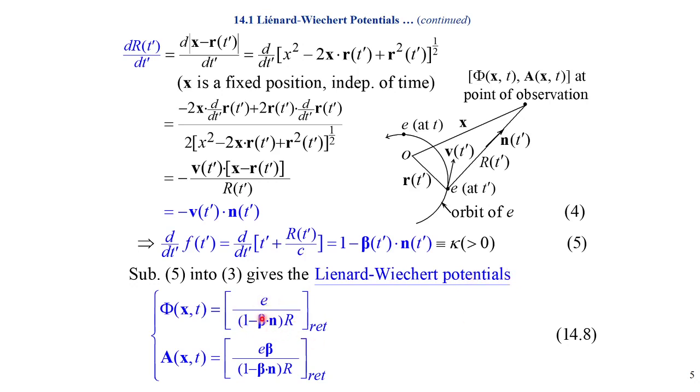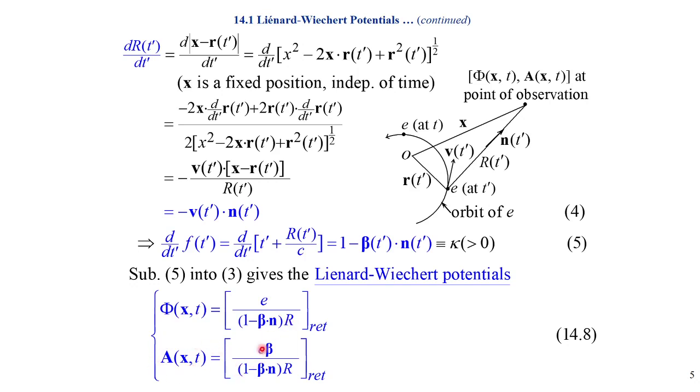Since this equation is quite simple, we give it a name: linear Liénard-Wiechert potentials. Let's check the dimension. 1 minus beta dot n is normalized, dimensionless. So this term is dimensionless. So the scalar potential is just e over r, just the scalar potential's dimension. How about the vector potential?